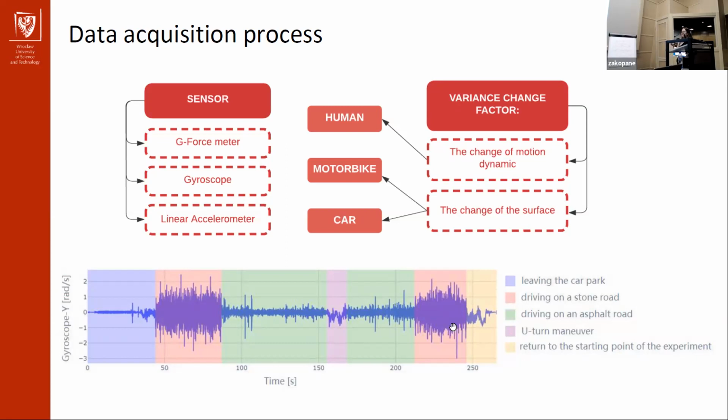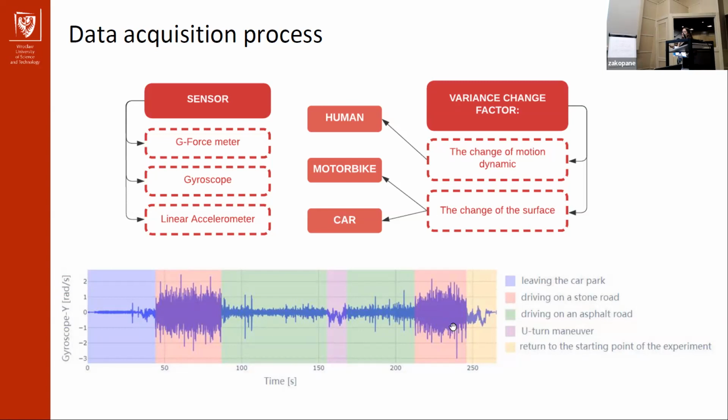And in the second situation, we have a scenario when we focus on vehicles, so motorbikes and cars. In this case, the variance change factor is the change of the surface. On the bottom of the slide, you can see an example of the second experiment.